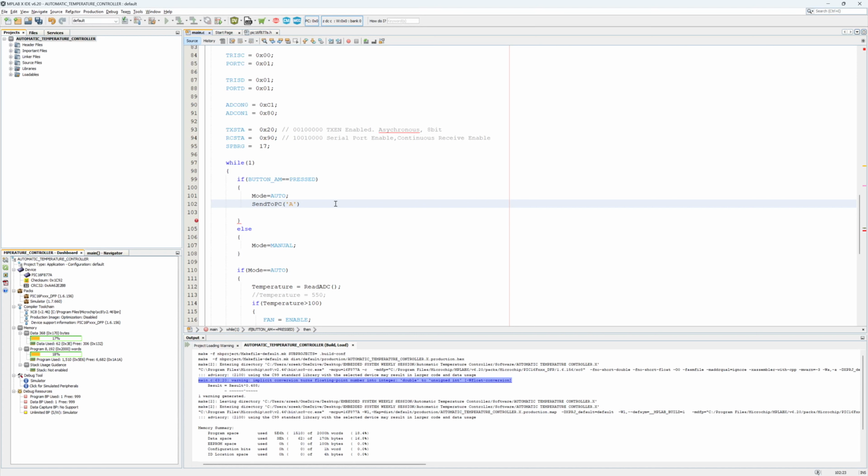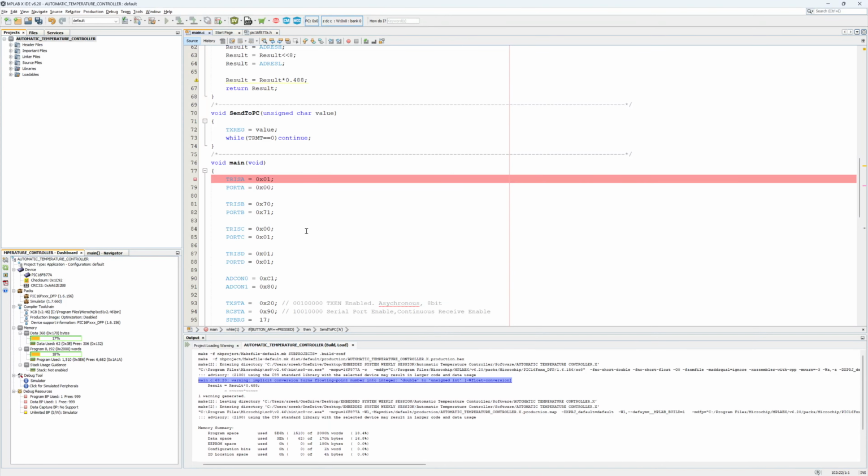capital letter A. So what will happen here is, send it to PC is a function which can receive a character, a value, only a single 8-bit value. So here you can see this function has an argument.